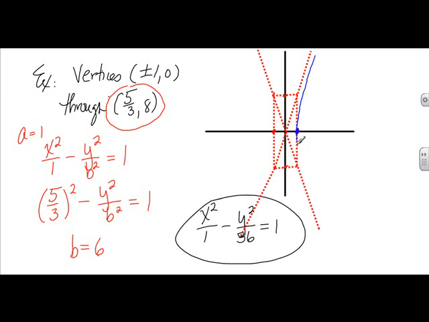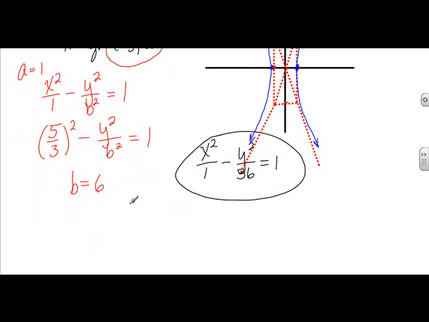The other things that we might need to know about this hyperbola are the coordinates for the foci. So using the fact that b squared is equal to c squared minus a squared, I'll have 36 equals c squared minus 1. So the square root of 37 would be c.